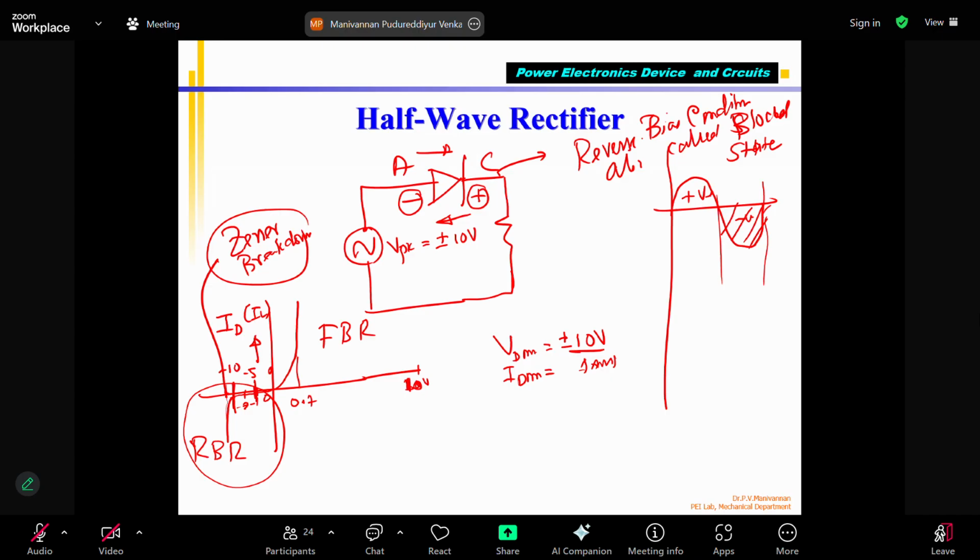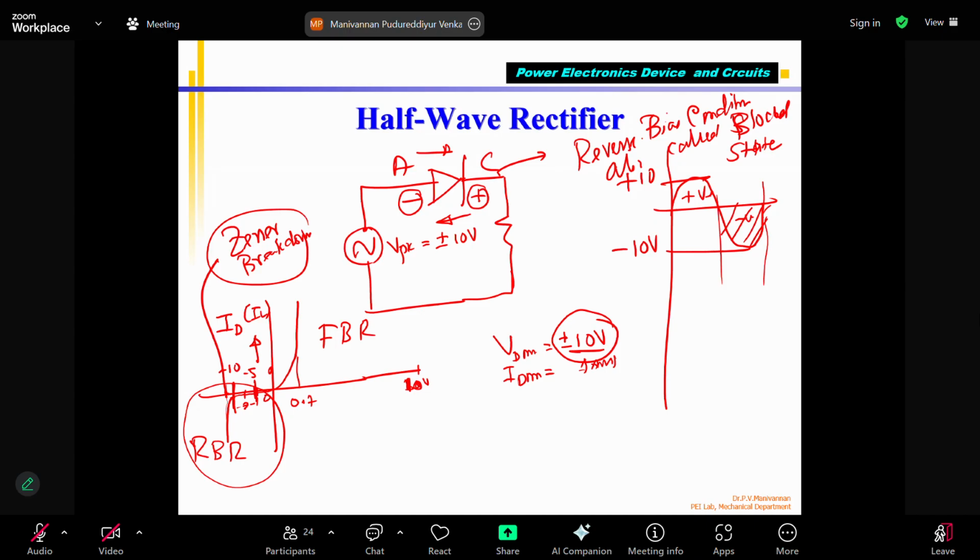Andrew. Thank you. So you have to select the diode whose Zener breakdown is greater than the AC voltage you are supplying. Say my sinusoid voltage varies between plus 10 volts and minus 10 volts. What you have to see is the maximum voltage applied in the forward condition.